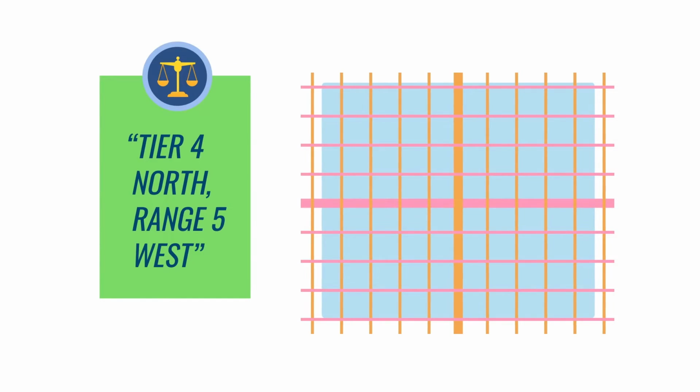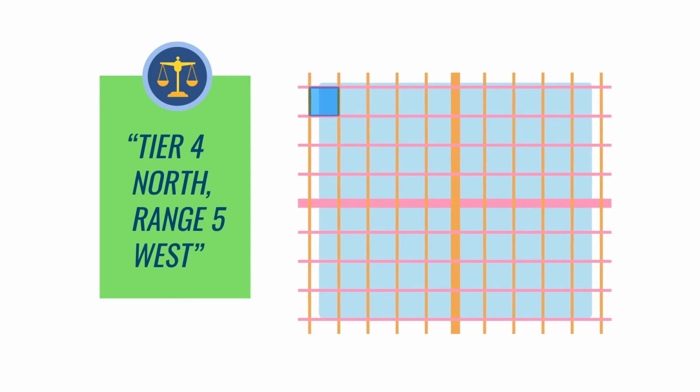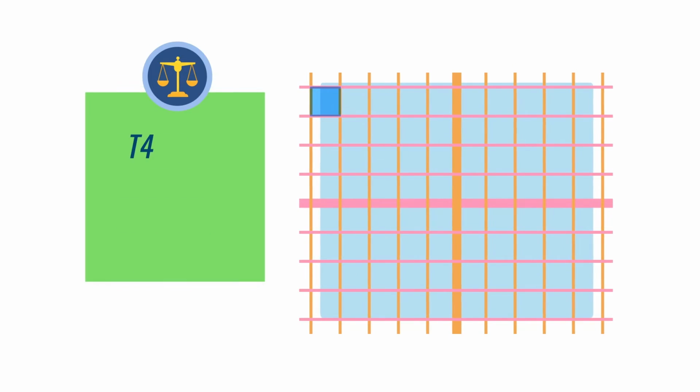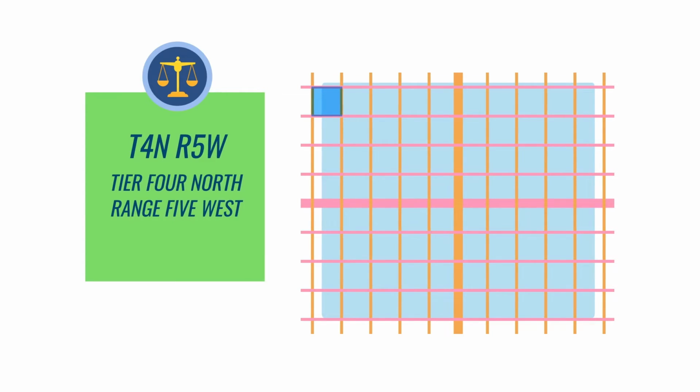This identifies the township as being 4 tiers north of the baseline and 5 range lines west of the principal meridian. Now we have identified the township, T4N R5W, which stands for Tier 4 north, range 5 west. And we are looking for a specific property within this 36 square mile area.